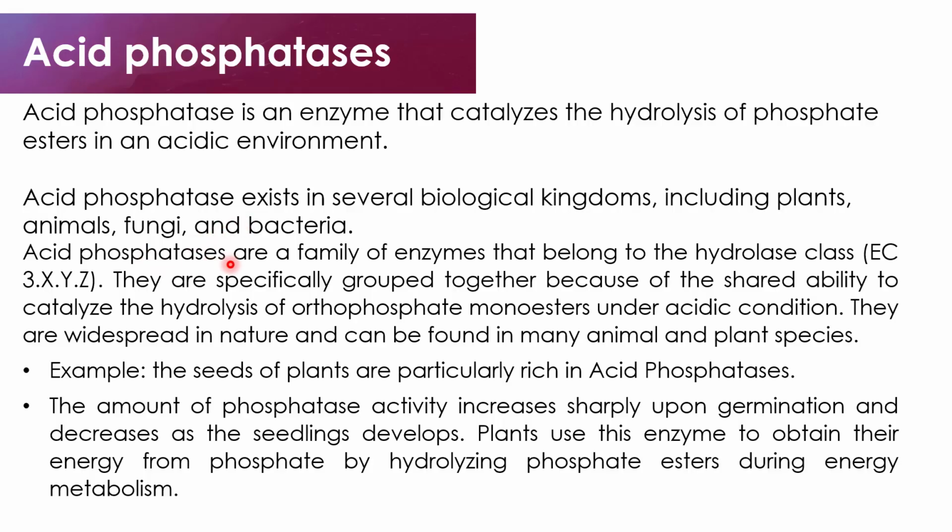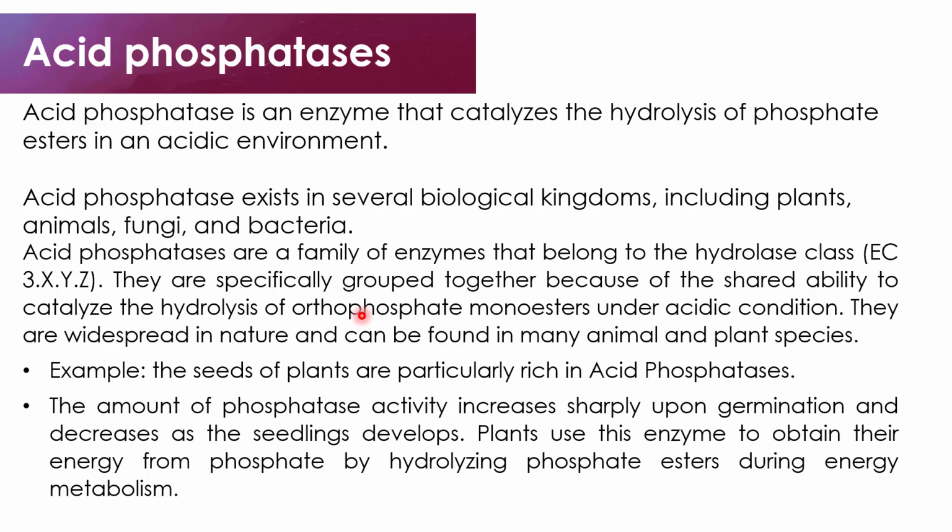Acid phosphatases are a family of enzymes that belong to the hydrolase class, and they are specifically grouped together because of the shared ability to catalyze the hydrolysis of orthophosphate monoesters under acidic condition. They are also widely spread in nature and can be found in many animals and plant species.